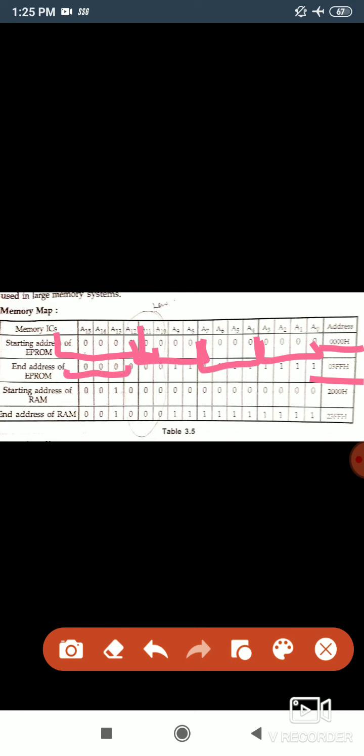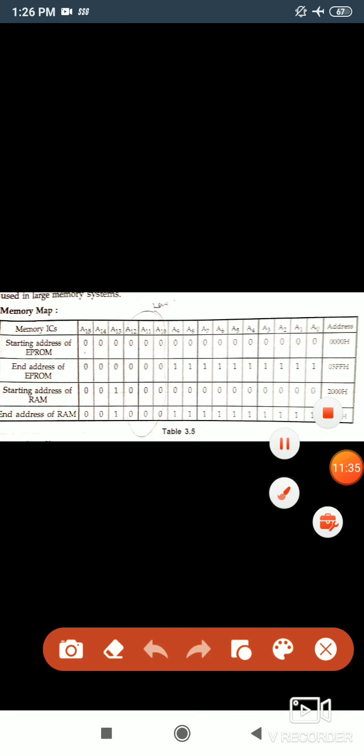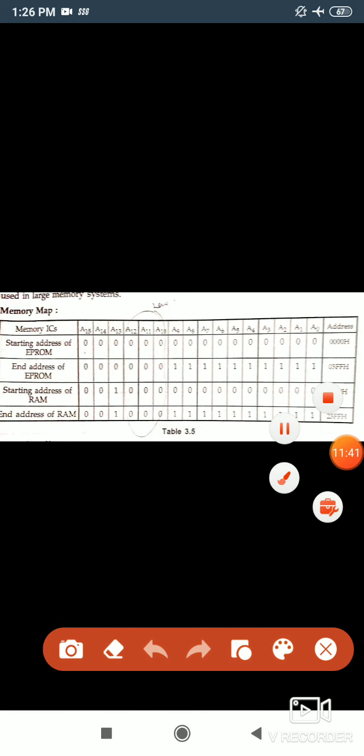Next is 0, and this is 3, this is F, and this is F. So 03FFH is the final address of the ROM. Hope it will be clear to you now. Now we will shift towards RAM. The starting address of the RAM is the same from A0 to A9 because it is of the same size.